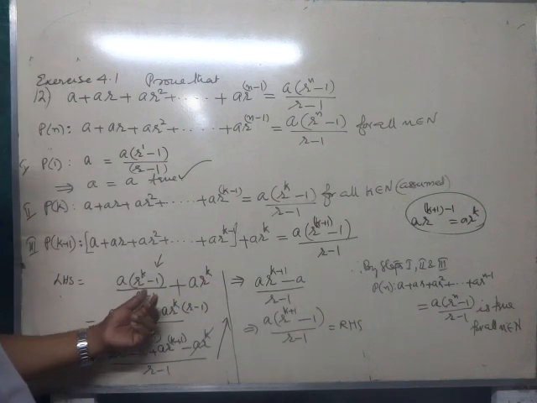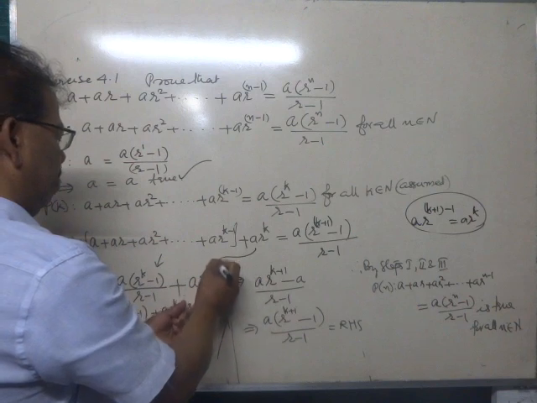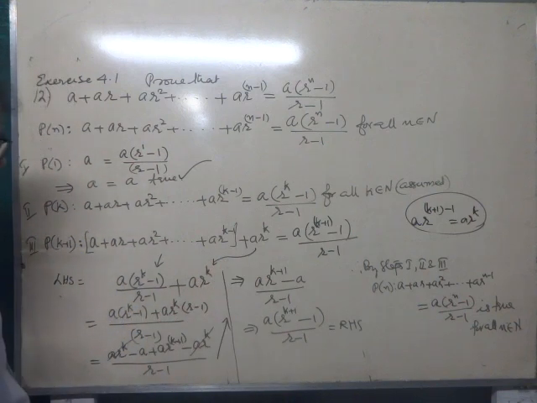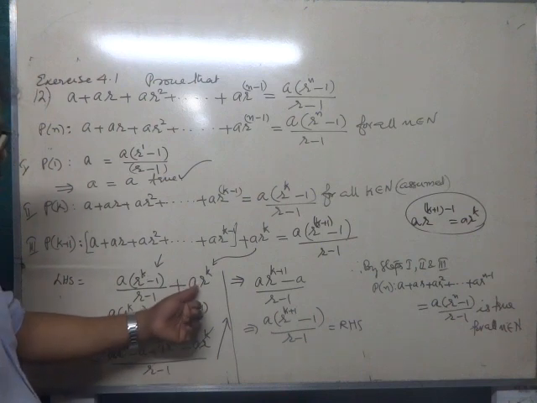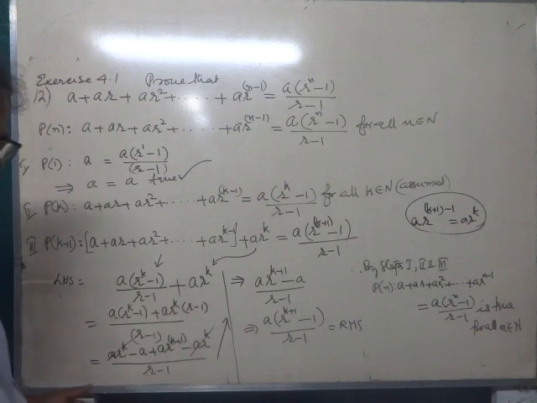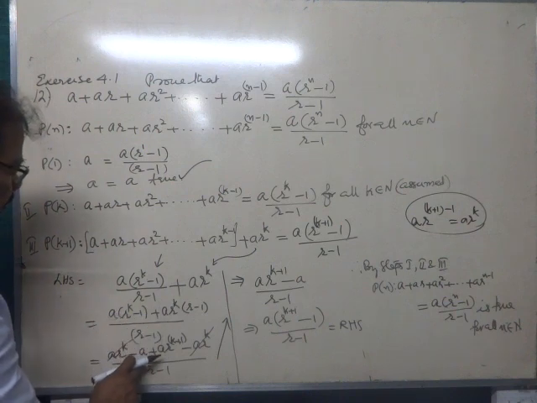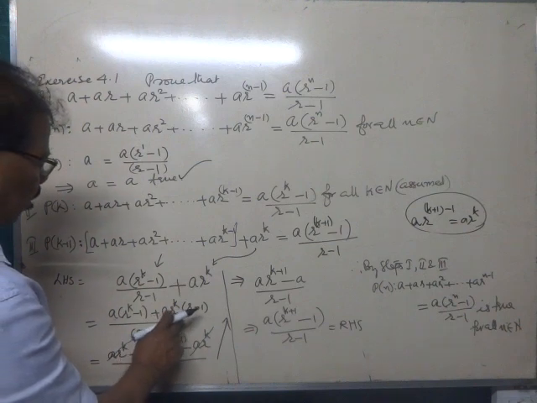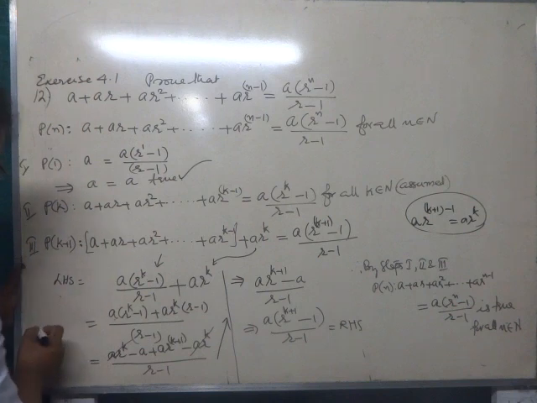a into r raised to k minus 1 by r minus 1. The remaining is only this term. Now LCM r minus 1, multiply the second term by r minus 1, then expanding: a into r raised to k minus a into 1, minus a into r raised to k into r. a into r raised to k into r means r raised to k plus 1.